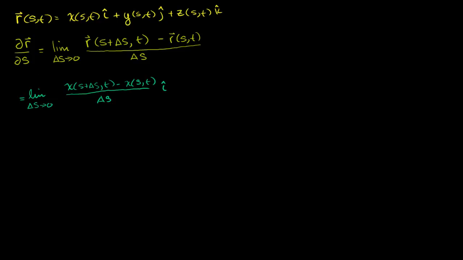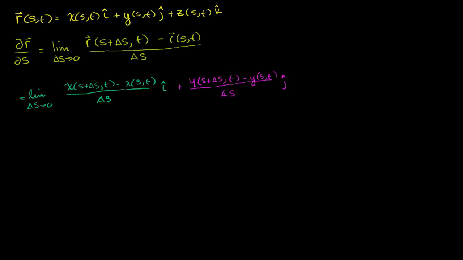And then I'll do it in different colors so it's less monotonous. Plus y. This limit as delta s approaches 0 applies to every term I'm writing out here. y of s plus delta s, comma t, minus y of s, comma t, all of that over delta s times j.